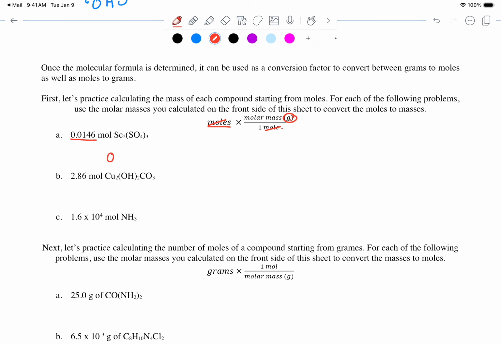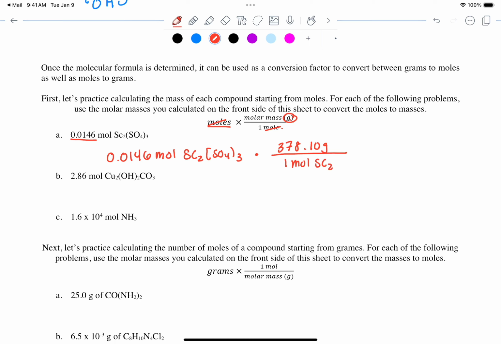So we take 0.0146 moles Sc2(SO4)3, and I'm going to take that molar mass that I just calculated, which was 378.10 grams per 1 mole Sc2(SO4)3. Then we multiply right across.